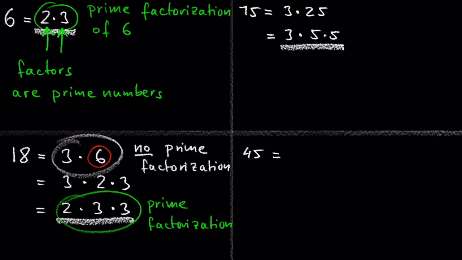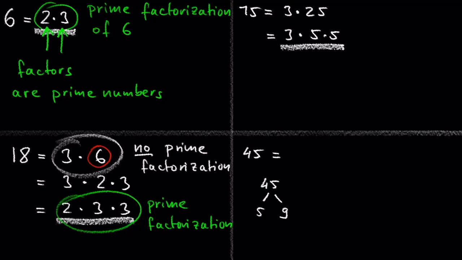What is the prime factorization of 45? If you want to visualize prime factorization, you can also use something called a factor tree. Write down the 45 and draw 2 branches. At the end of the branches, write the 2 numbers to which you break down the 45. 45 can be broken down to 5 and 9. Now we do the same again. The 5 can't be broken down any further, so we keep it, but we can break down the 9 into 3 and 3.